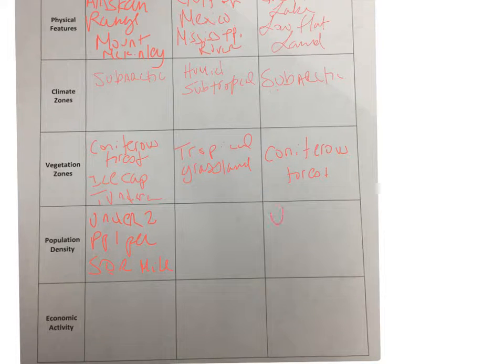Same here, under 2 people per square mile. But in this middle B portion, this is where I'm going to write it's an urban center of 1 to 4 million people.